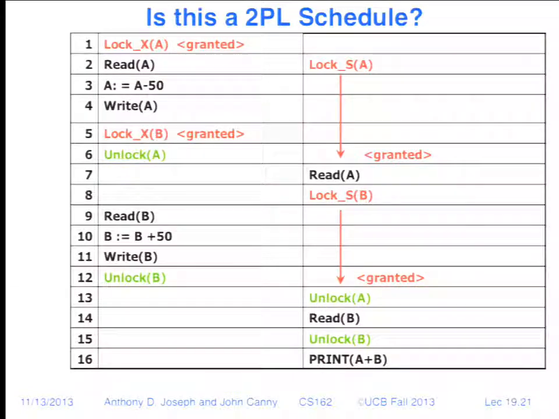It's T1 and then T2, because we basically forced the second transaction to wait item by item until after the first transaction had updated those values. So you get the right answer here, and it's conflict serializable and correct. Any questions?